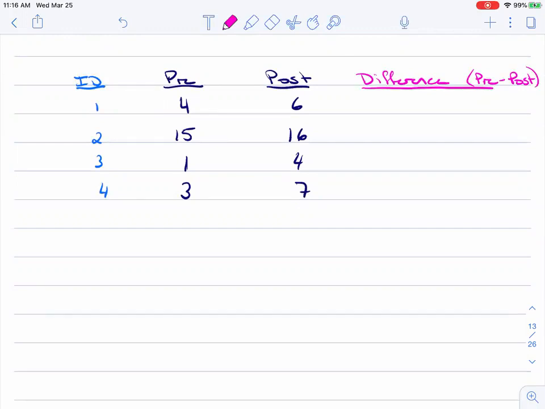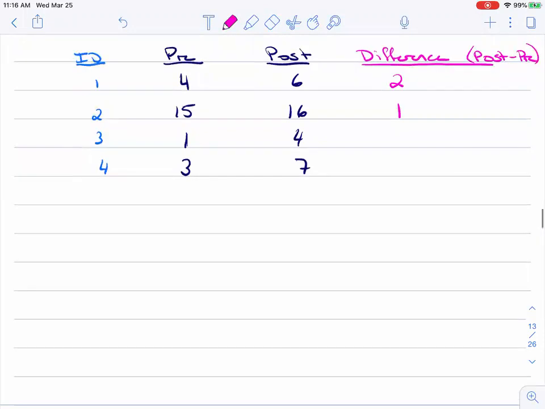Well, because I don't want to have a difference of -2 when it looks like it's an increase, right? So maybe what I should be doing is, like I said, it doesn't matter as long as you're consistent, then let's do post minus pre. So 6 minus 4 is 2, 16 minus 15 is 1, 4 minus 1 is 3, 7 minus 3 is 4. Right?